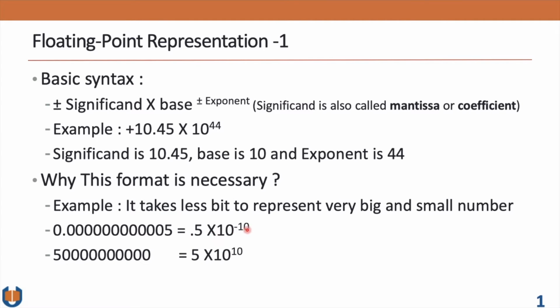For example, to represent 10 we need 3 bits. We don't need to represent the base because for a specific format the base is already defined. To represent 0.5 we need only 3 bits. So with 6 bits we can represent this number, whereas representing it directly takes a huge number of bits. So one reason for this format is to take less memory space where we store the number.